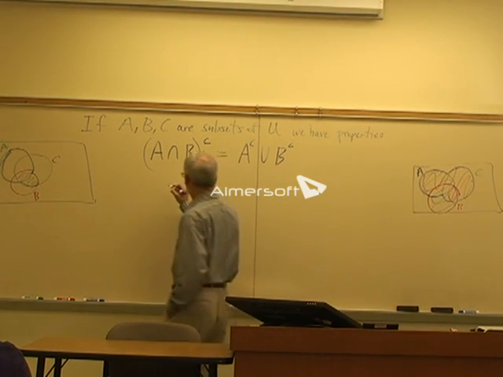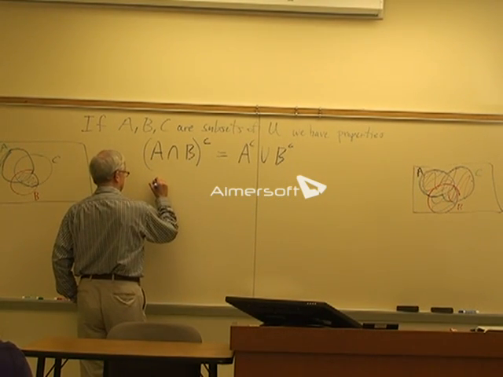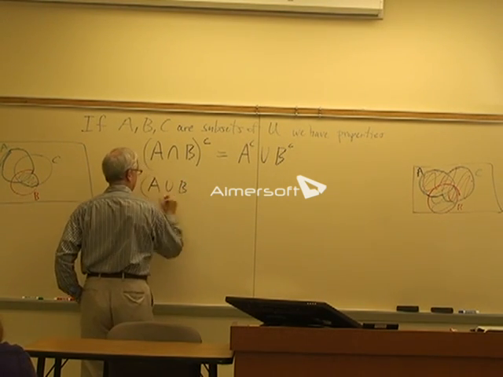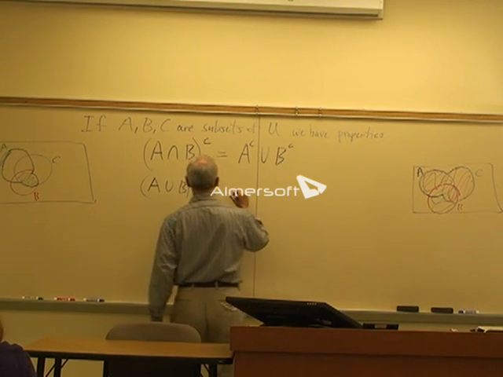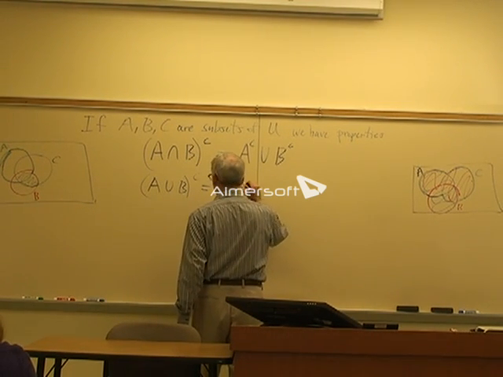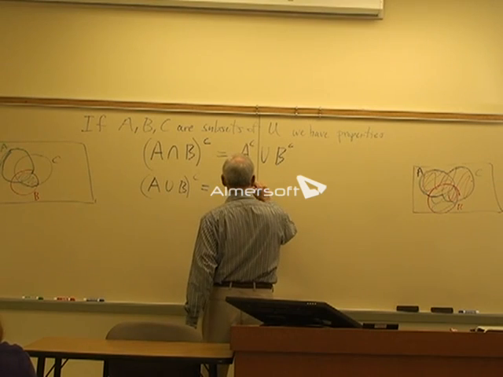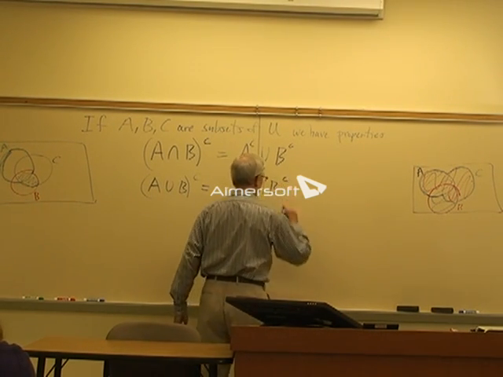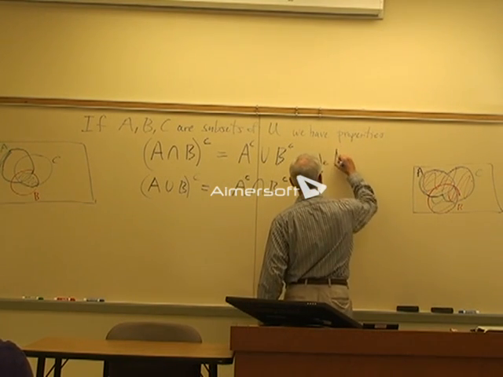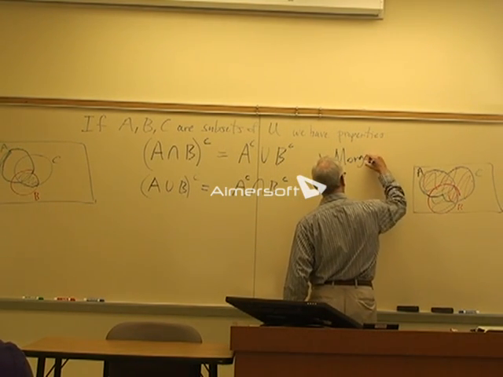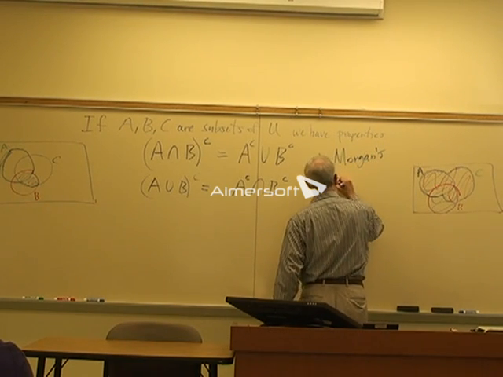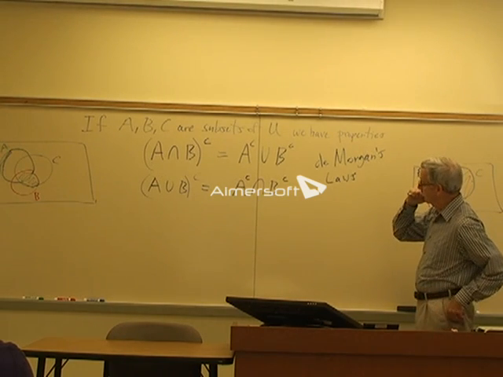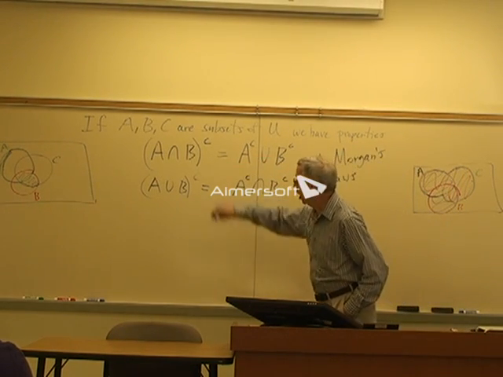And if I take the complement of the union, I get the intersection of the complements. These are called DeMorgan's Laws or DeMorgan's Rules, and they let me manipulate complements or inversion.